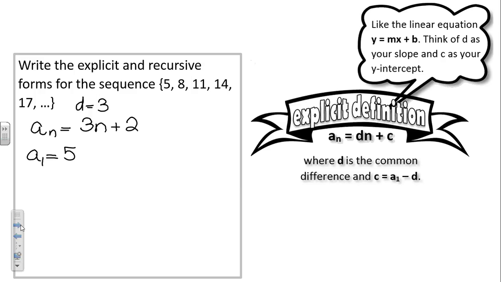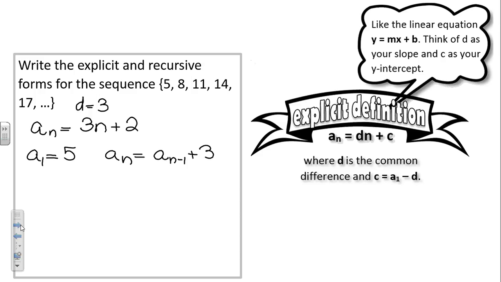And then how is each sequential value or element found from there? Take the previous one, right? And do what to it? Add 3, our common difference. Okay?